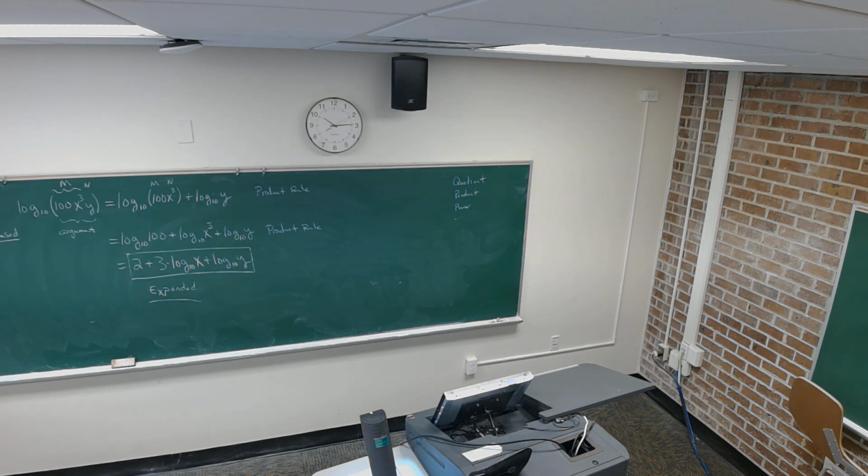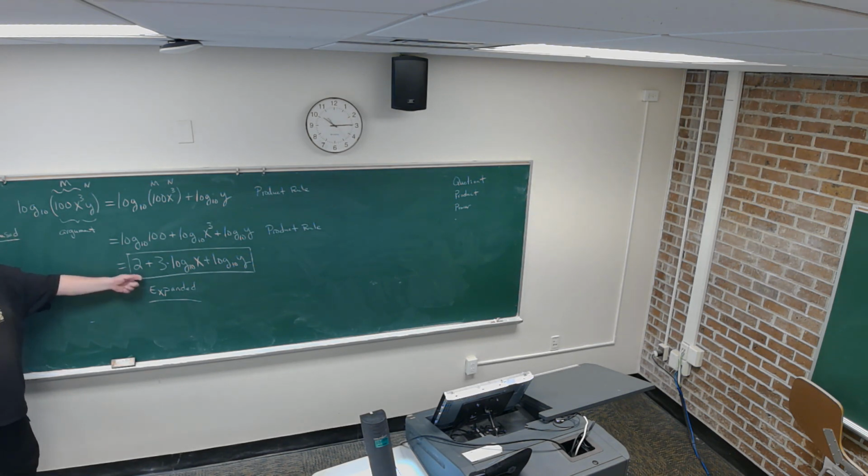So this on the right and this on the left represent the same thing. This is unfactored form, this is factored form. The same thing here. This is condensed form, this is expanded form.